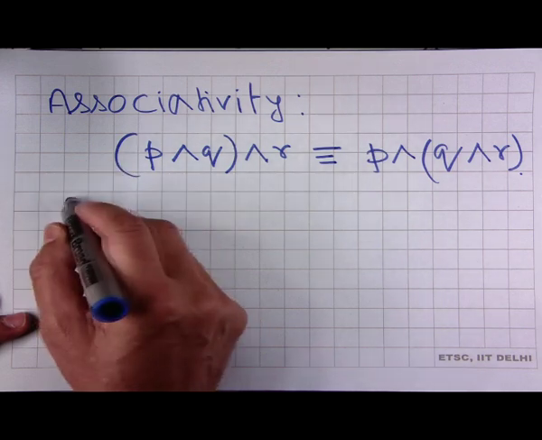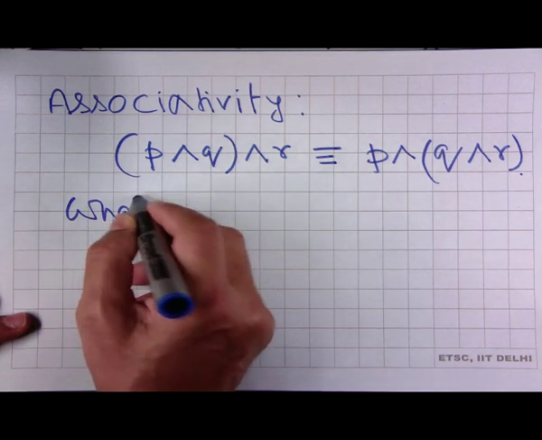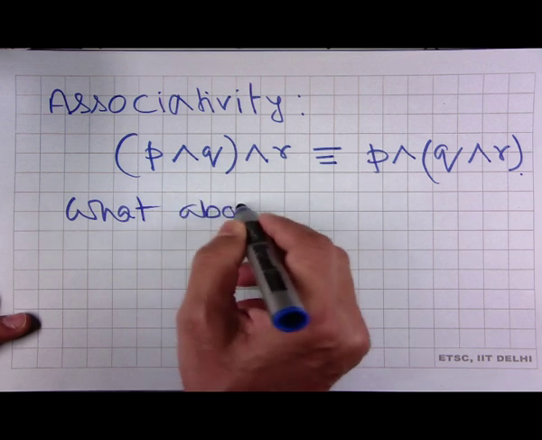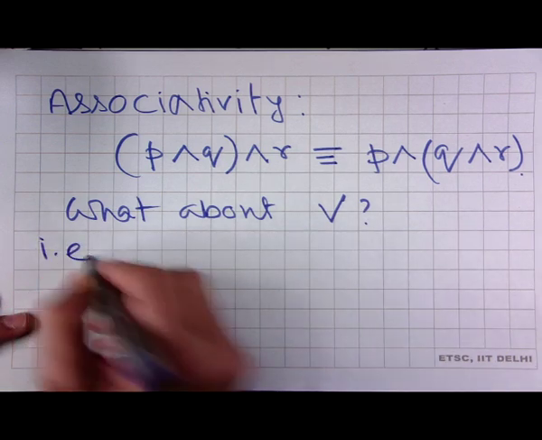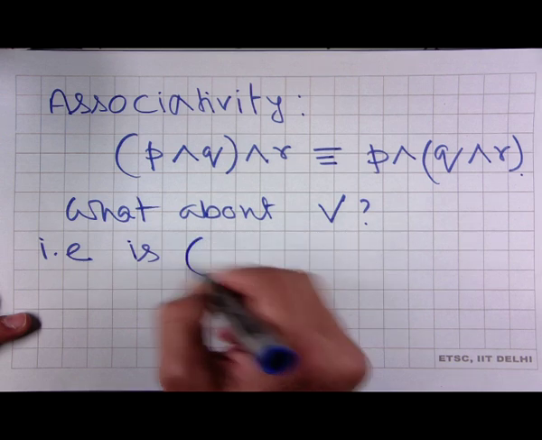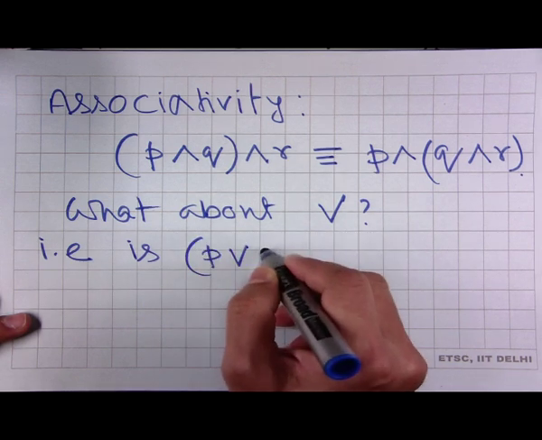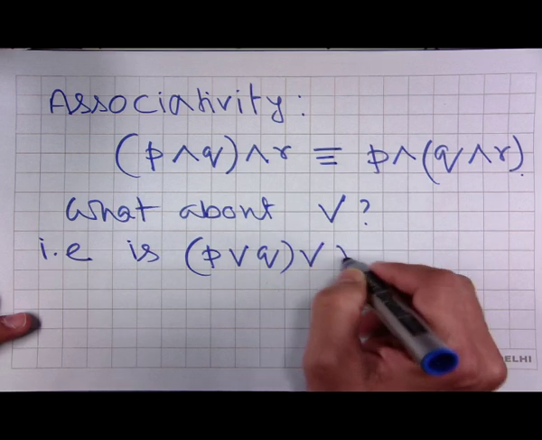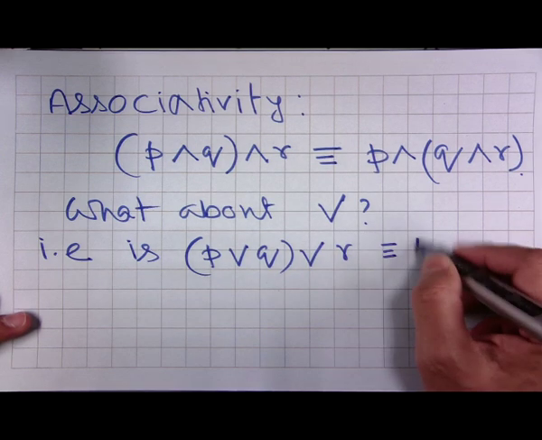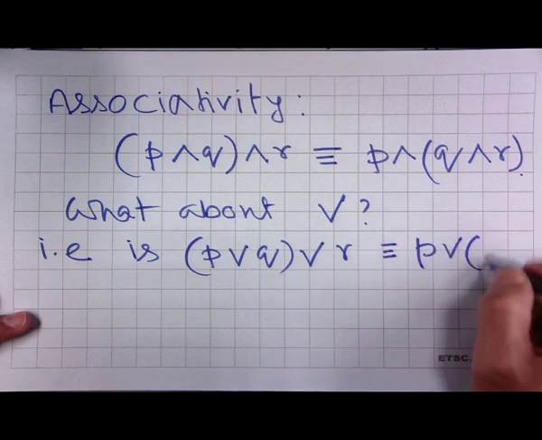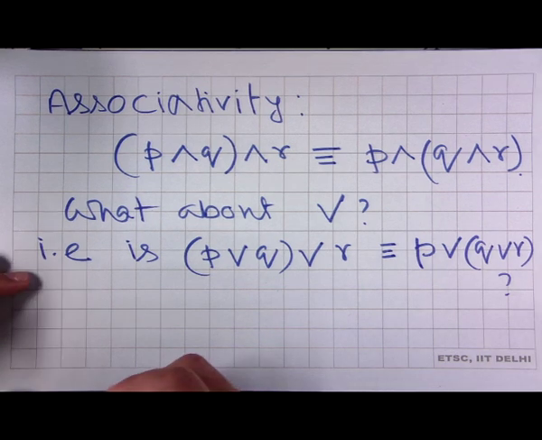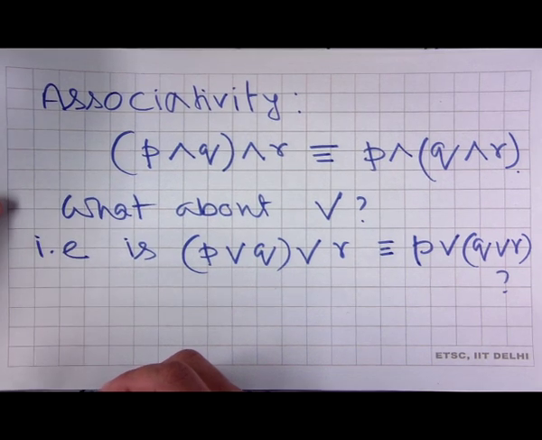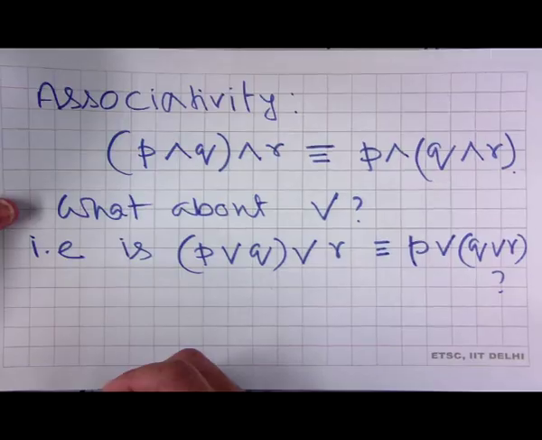So, what about OR? That is, (P or Q) or R is equivalent to P or (Q or R). So, that is the question. I am sure many of you have tried, but let me do it in this lecture.